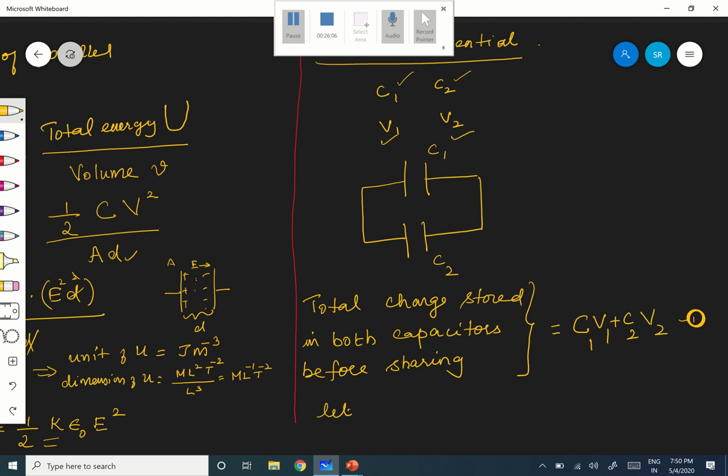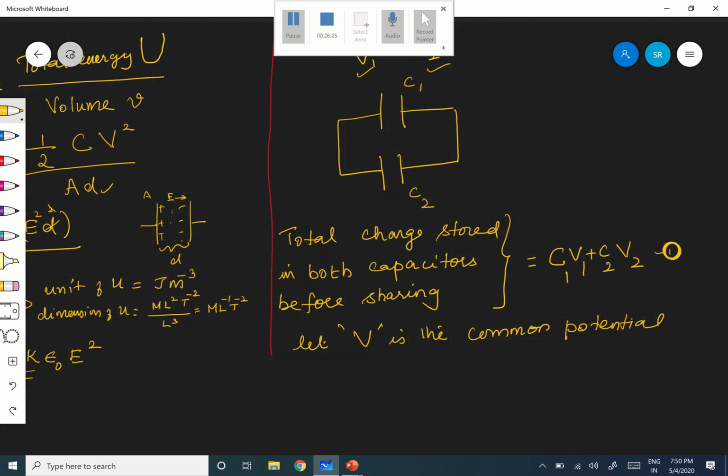After sharing, let V be the common potential on sharing the charges.